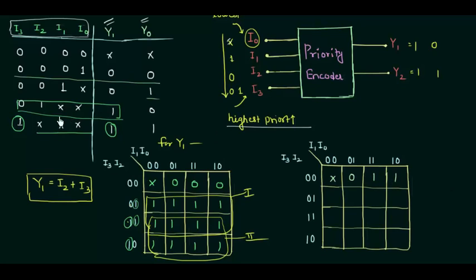And when I2 is 1, for these two rows I2 is 1, the value of Y0 is 0, so 0 0 0, and again 0 for this row. And for the last case when I3 is 1, the output is 1. So I will put 1 1 1 1.